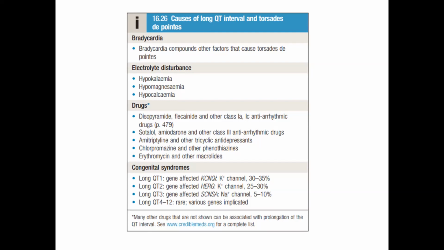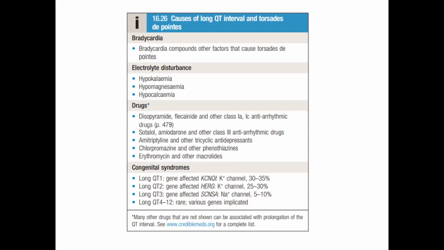So the causes of long QT interval and torsades de pointes: bradycardia. Bradycardia compounds other factors that cause torsades de pointes. That is, when there is bradycardia, it leads to ventricular arrhythmia or increased ventricular rate leading to torsades de pointes. And then there is electrolyte disturbance like hypokalemia, hypomagnesemia, or hypocalcemia.